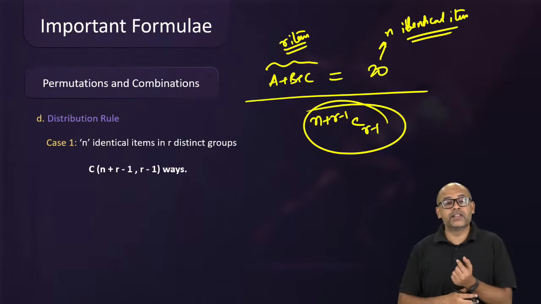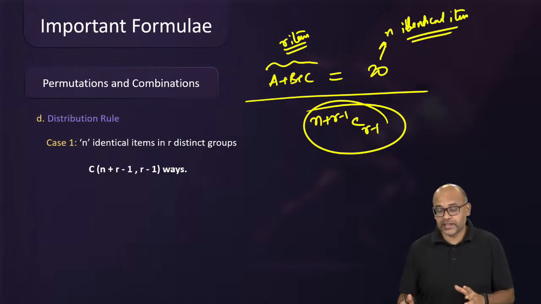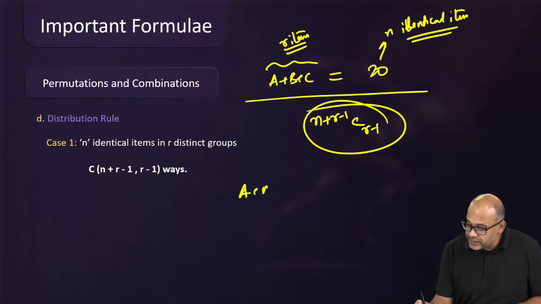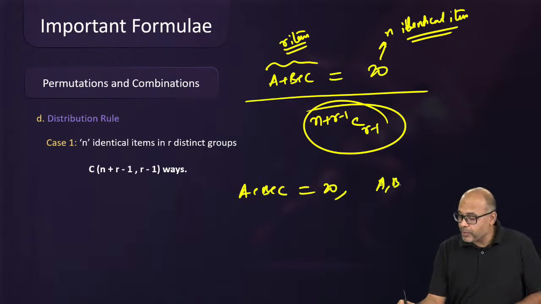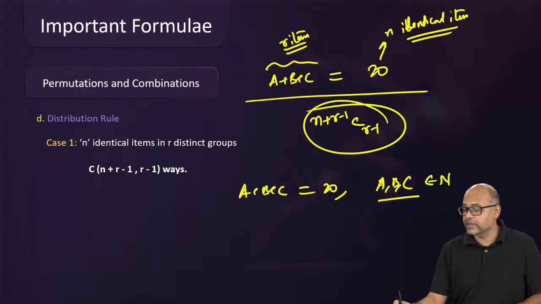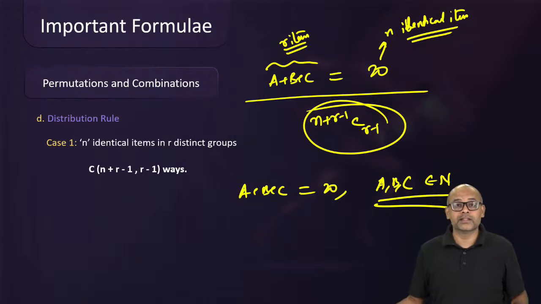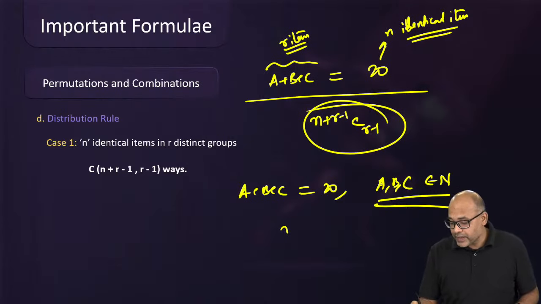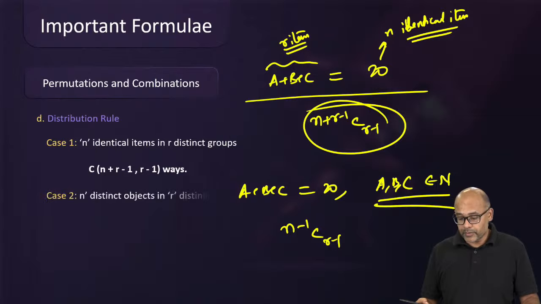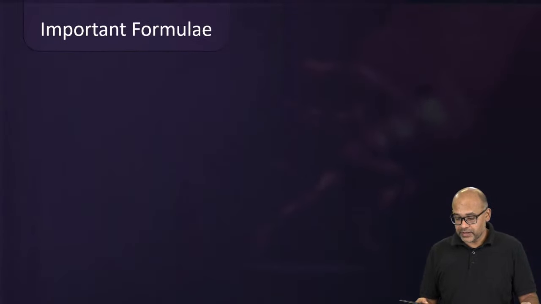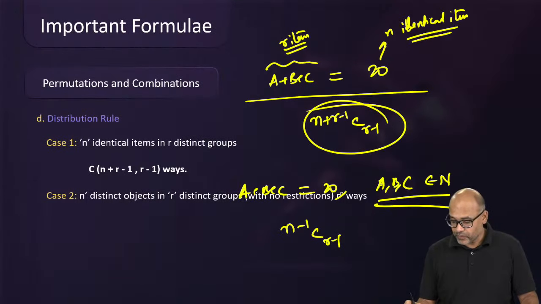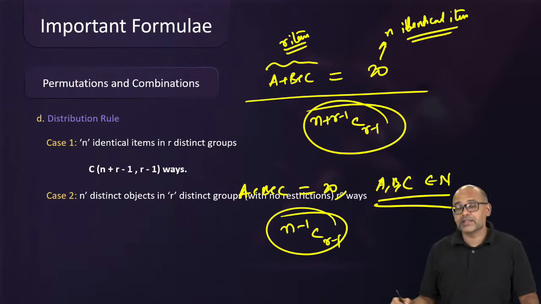However, if I change the question and say A plus B plus C is equal to 20, where A, B, C belong to natural numbers, which means 0 is not included now, minimum 1 should be there for everyone, then what is your answer? Then the formula becomes N minus 1 C R minus 1. So this is what you will be getting as the second formula.